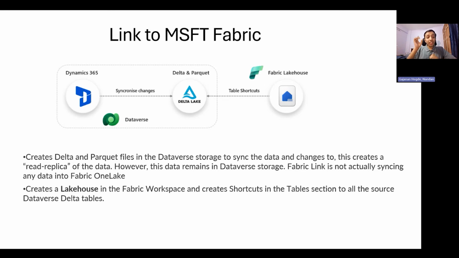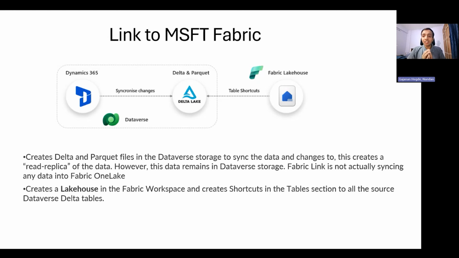Whenever we establish the Fabric link, within the Dataverse, Microsoft creates or synchronizes the Dynamics 365 table data into a Delta lake in the form of Delta and Parquet files. This synchronization is happening within the Dataverse ecosystem itself. So the data is not leaving the Dataverse ecosystem, but there is an increment in the storage within the Dataverse.